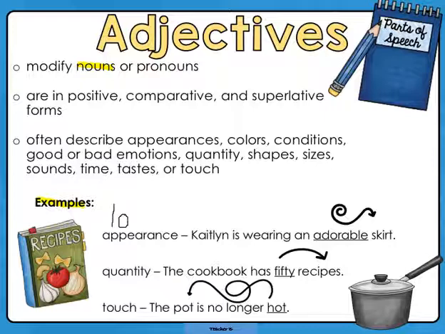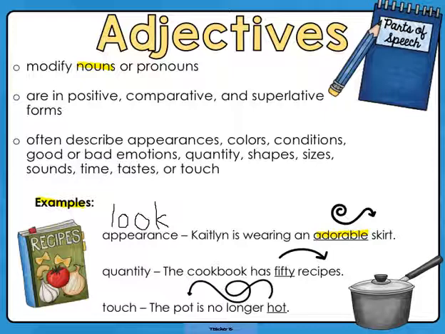A different word for look is appearance. Let's read the example sentence. Caitlin is wearing an adorable skirt. How does the skirt look? It's adorable. Adorable is the adjective.